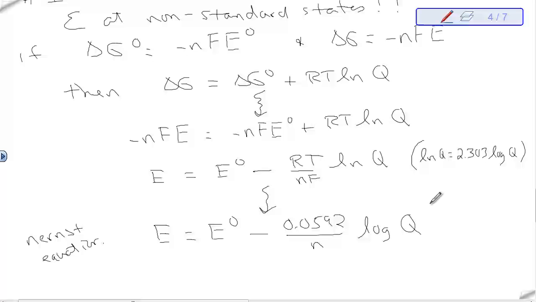So in this spot is where you would put the concentrations of the products and reactants if they're not at standard states. Okay, that's important that you understand that Q equals products over reactants raised to their exponents according to the law of mass action. That is known as the Nernst equation, and it's useful for determining, again, potential at non-standard states.